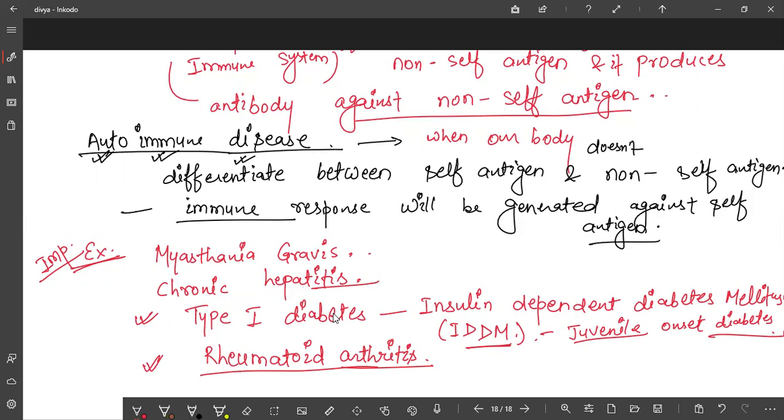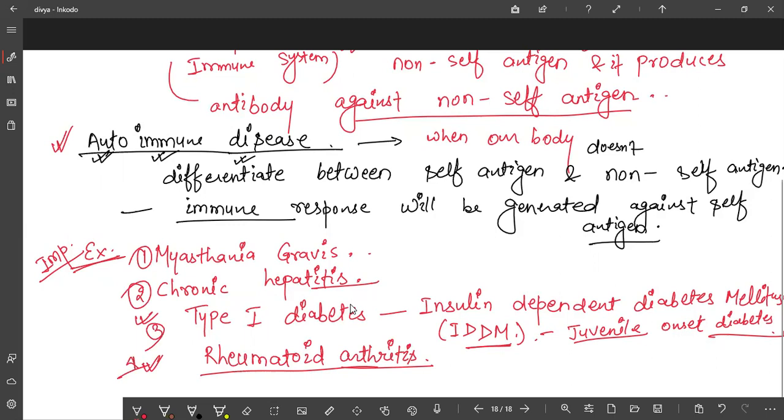This is called rheumatoid arthritis, and it is also an example of autoimmune disease. So what are the examples of autoimmune disease? Myasthenia gravis, chronic hepatitis, type 1 diabetes mellitus, and next is rheumatoid arthritis. Is it clear to you?